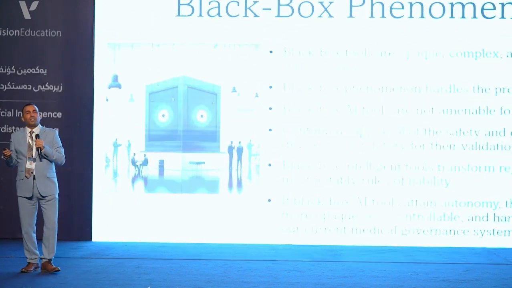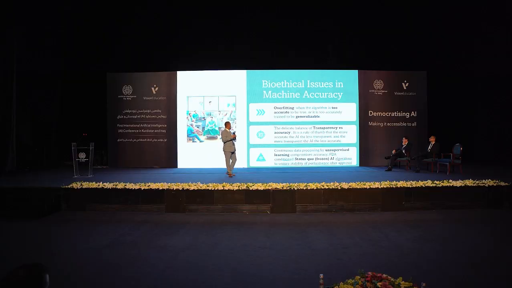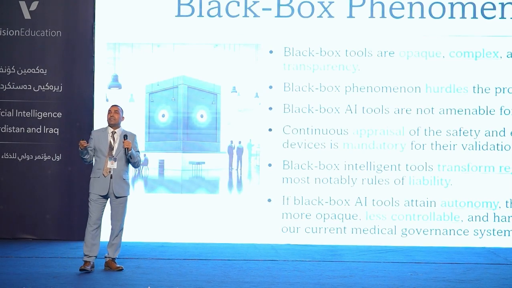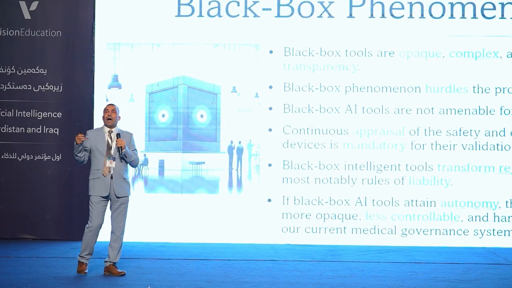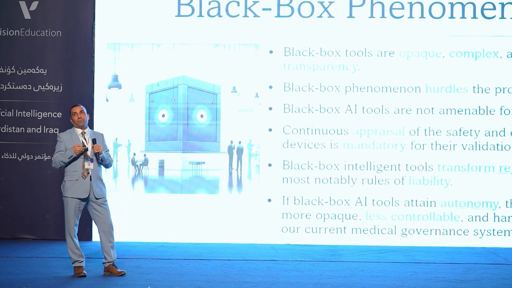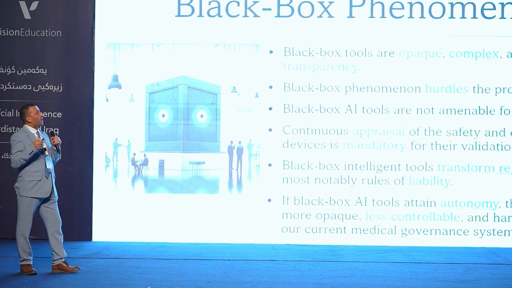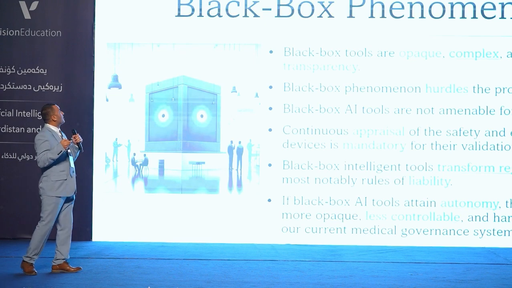my colleagues spoke about black box phenomena. The black box, like the black box of the airplane, the black box is a characteristic of some AI algorithm where we can see the outcome, but we cannot see what is going on, how we have reached this outcome. And the black box is opposed to what they call the glass box.